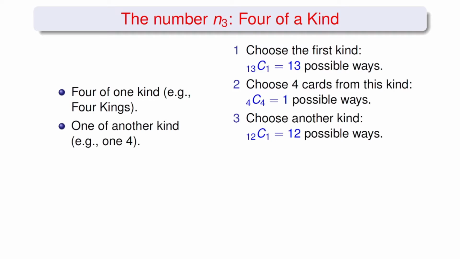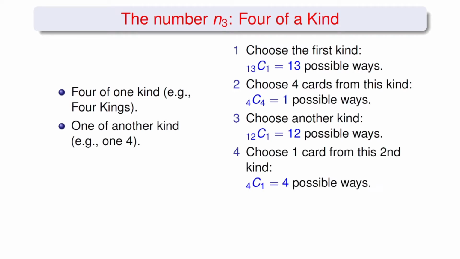And in this selected kind, we just need to choose 1 card. In this second kind, there are 4 cards, and we choose 1 of them. So 4 choose 1, that's 4 possible ways. Now, after these 4 steps, we got a poker hand of 4 of a kind.